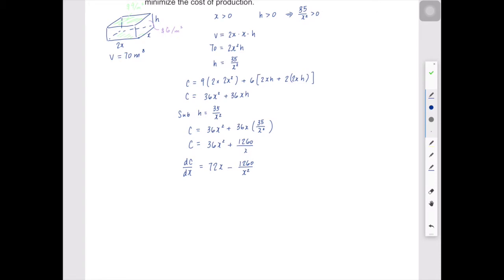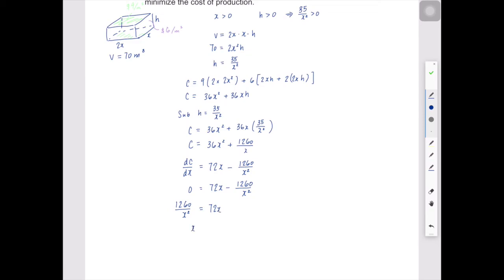All right. So we know that to find the minimum cost, the derivative is equal to 0. Let's solve this equation for x. I have 1260 over x squared equals 72x.